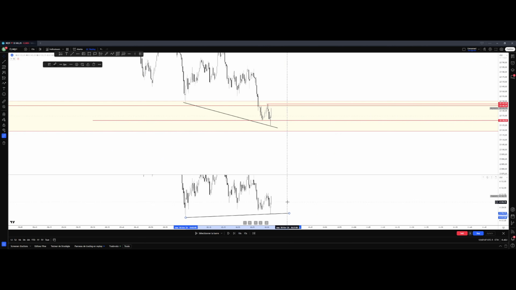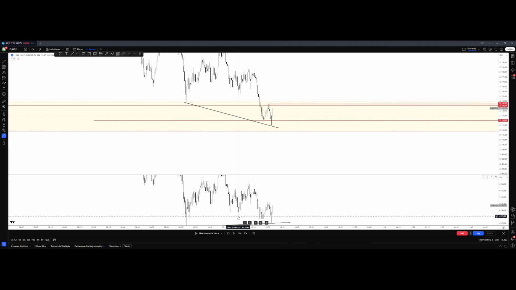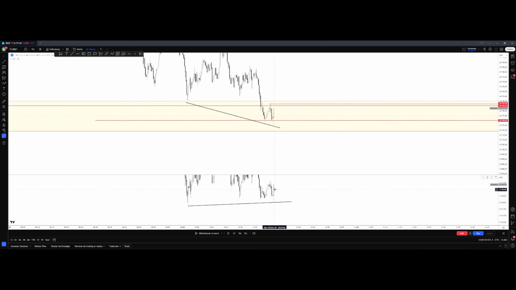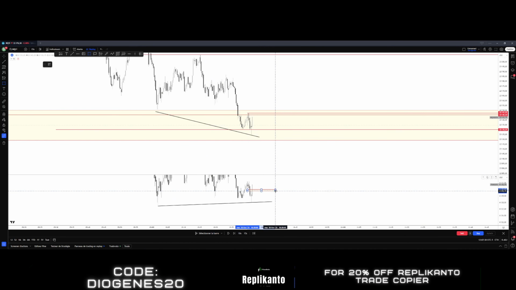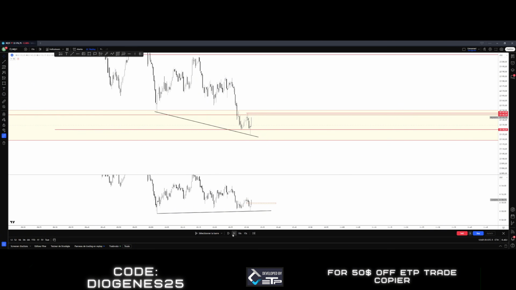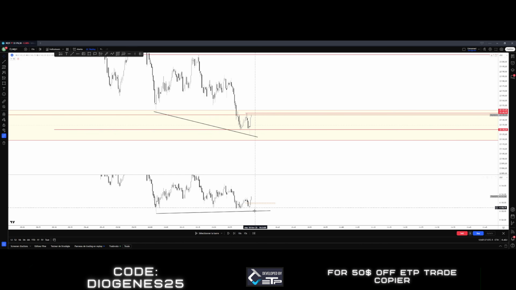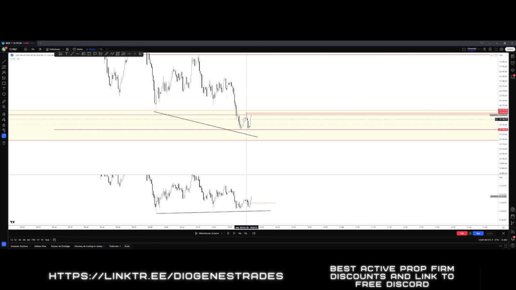Okay, so the moment we see SD here, not even talking about the breaker, this was the SMT confirmed. Okay, so ES also inverted a fair value gap, which was the reason I took this trade, right? I'm pretty conservative taking trades as of late, right? And I want a breaker on both.